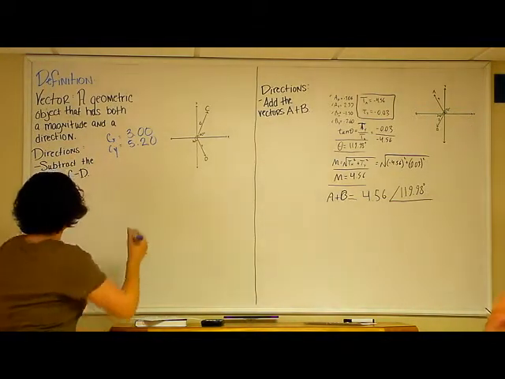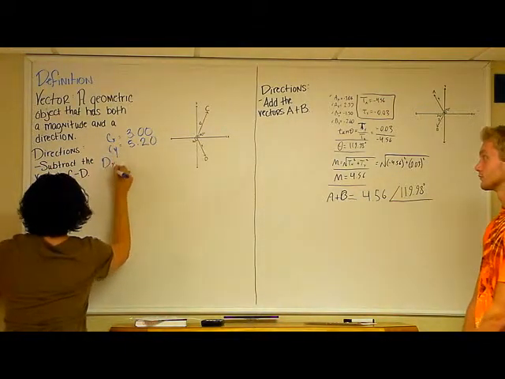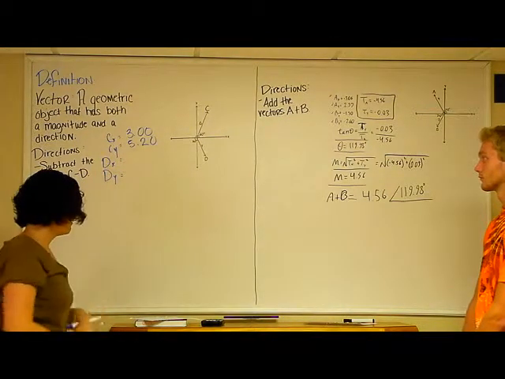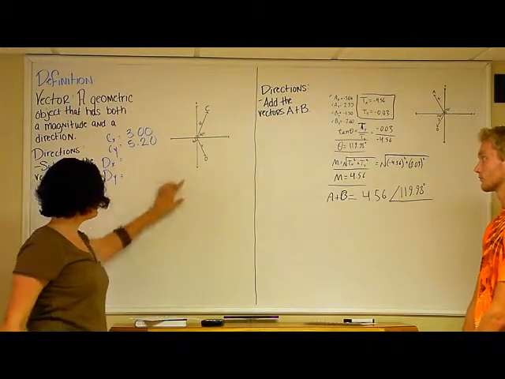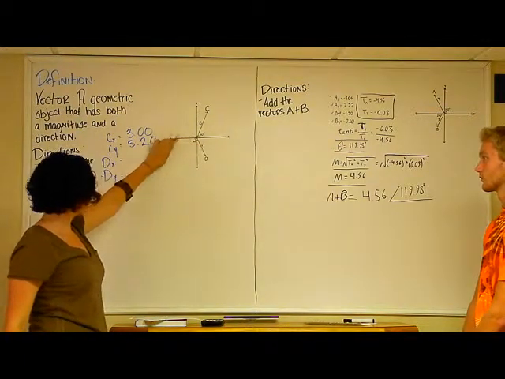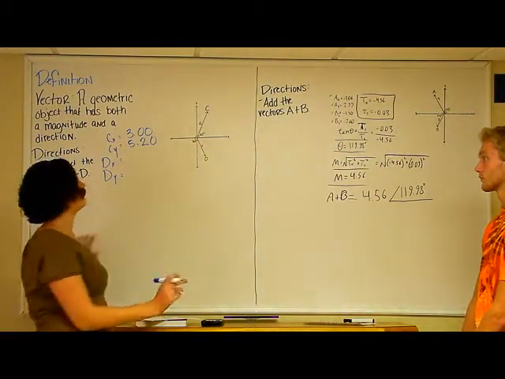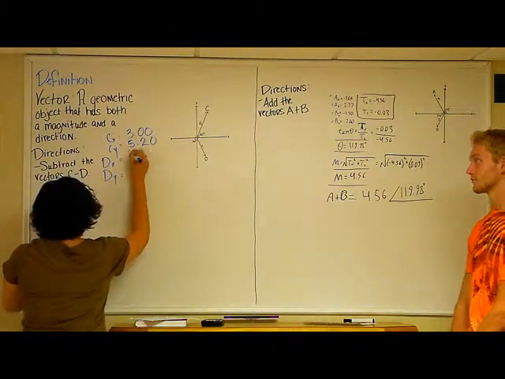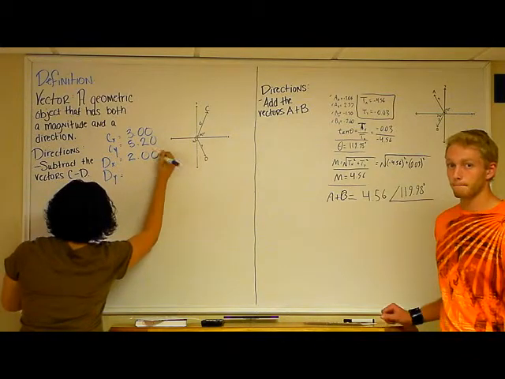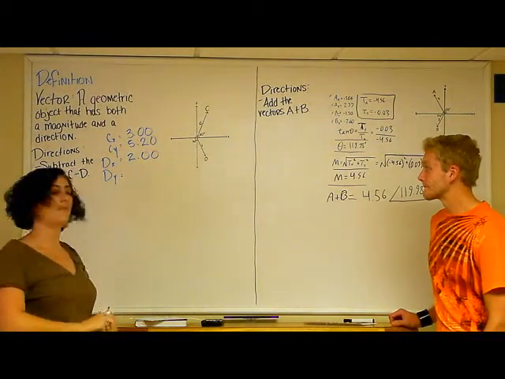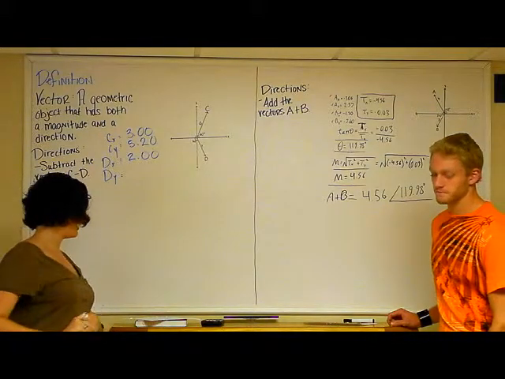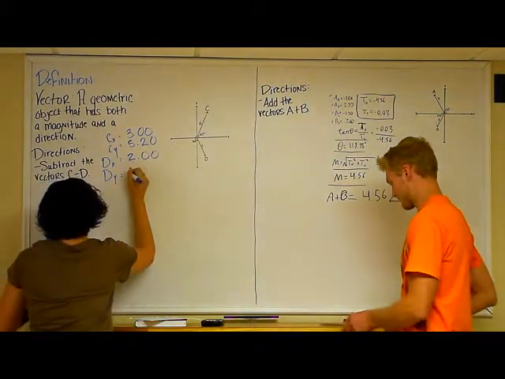For Dx, we do 4 times the cosine of 300, its angle, which is 2.00. And for Dy, we do 4 times the sine of 300, which is negative 3.46.